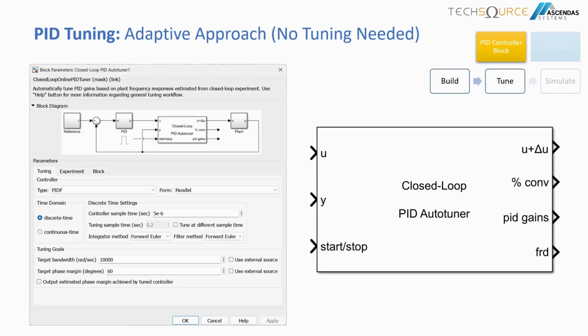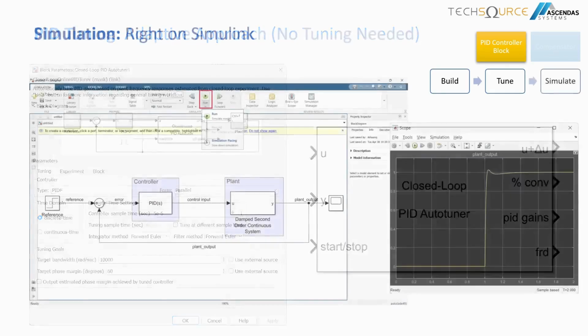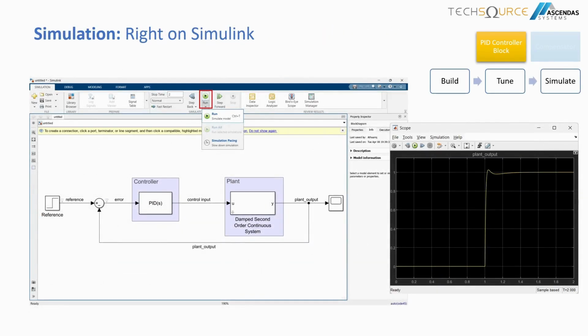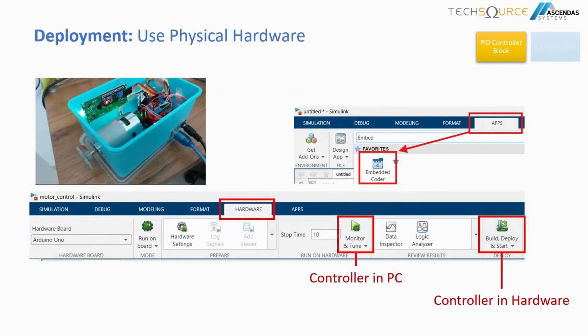So the controller can tune itself adaptively, and this is great for dynamic systems that need to be tuned over time. Once you have decided, you can do the simulation right away in Simulink or use hardware to have bidirectional data transaction between your simulation and the real hardware.